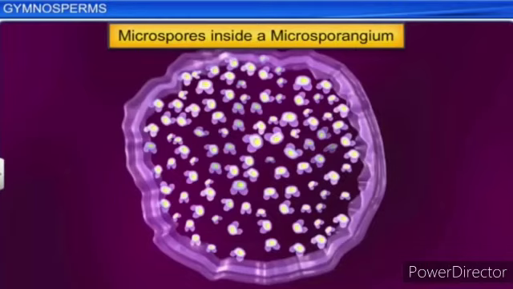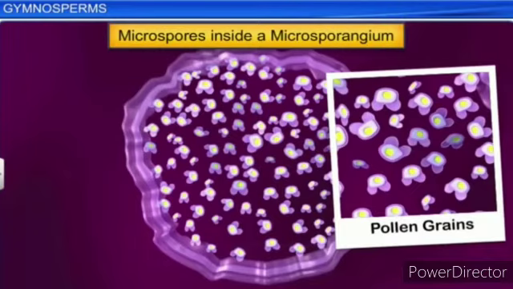The microspores develop into male gametophytic generation, which is highly reduced and is confined to only a limited number of cells. This reduced gametophyte is called a pollen grain. The development of pollen grains takes place within the microsporangia. Pollen grain is the male gametophyte.